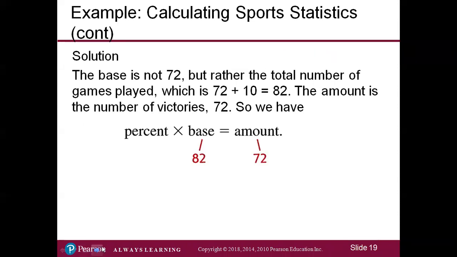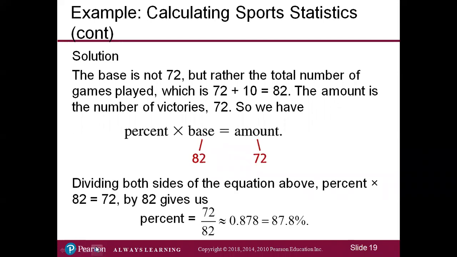The base is not 72, but rather the total number of games they played, which is 72 plus 10, which is 82. The amount is the number of victories, 72. So we have percent times base equals amount, percent times 82 equals 72.